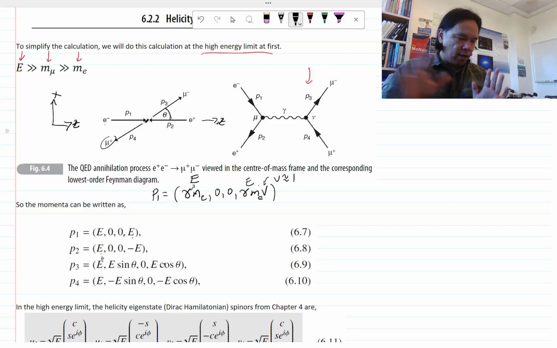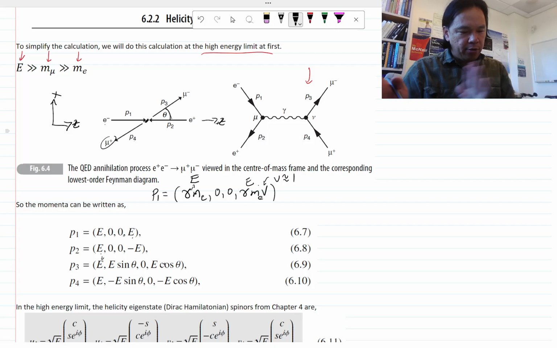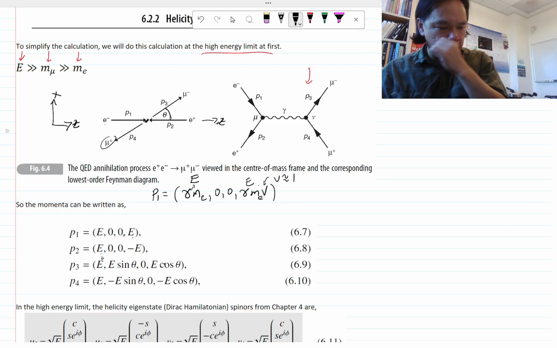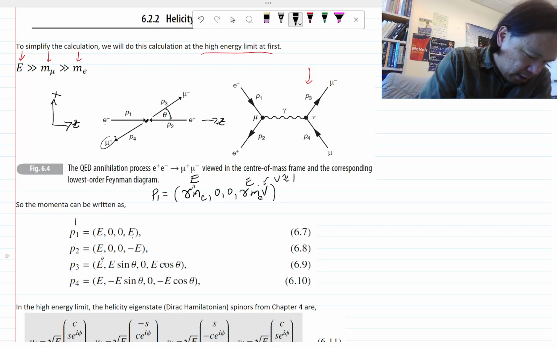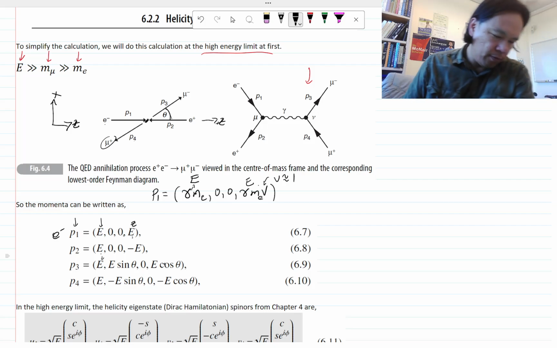It doesn't actually ever reach the speed of light, but in the high energy limit you're basically pushing this particle until it approaches the speed of light. So the forward momentum for the incoming electron is just going to be E in the time-like component, which is the energy component, and then the z component is going to give you E also.